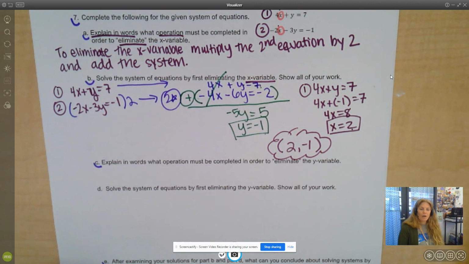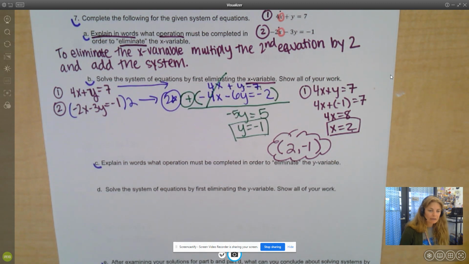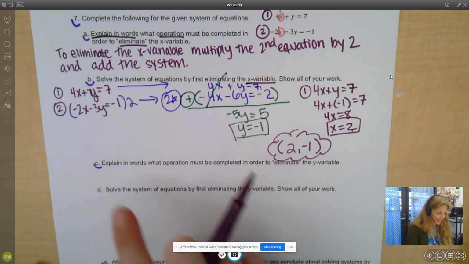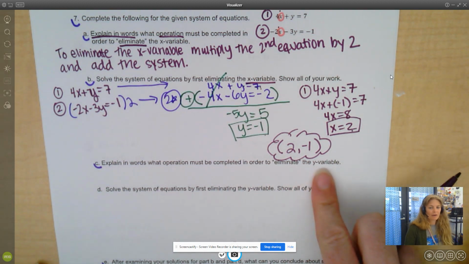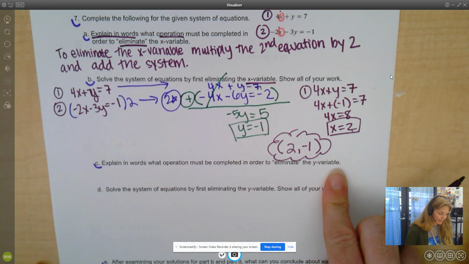What I want to remember is that we could eliminate the y variable first. So we're going to solve the same system, hoping we get the same answer if we do all of our steps correctly. It says, explain in words what operation must be completed in order to eliminate the y variable.